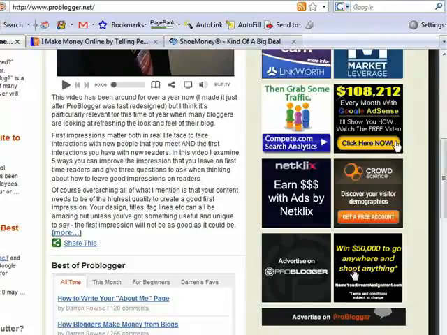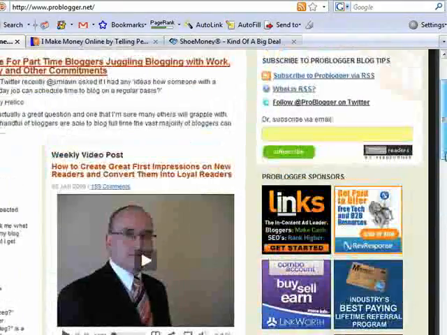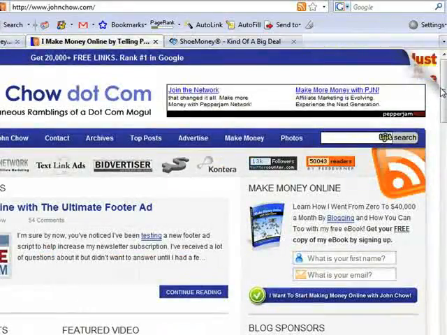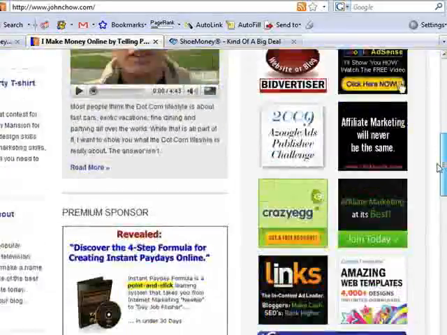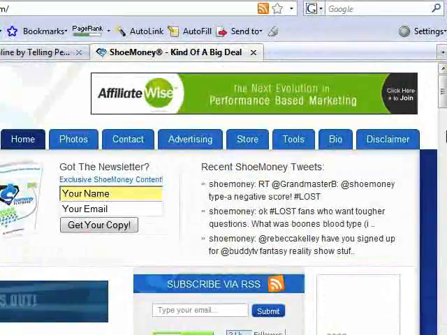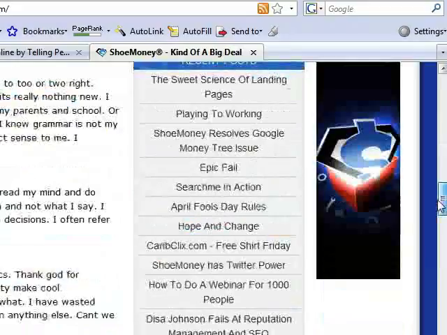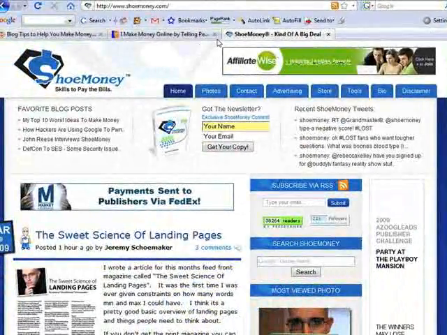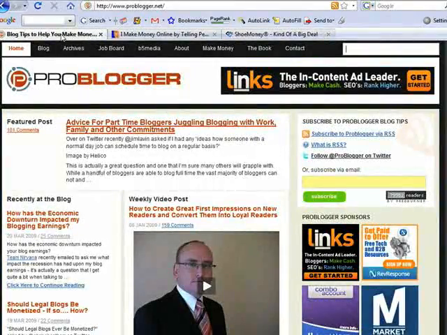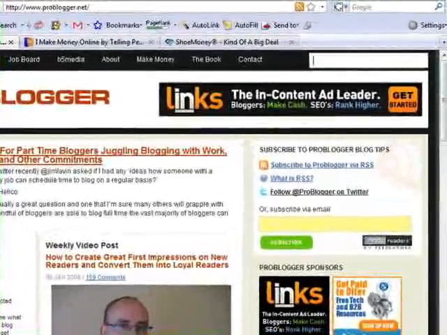It's a great free plugin where you can run these ads yourself on your site. If you look down here on John Chow, he's running a lot of the same ads, and ShoeMoney is running ads as well down the right-hand side of his site. So they're all monetizing the same way in the same spaces.